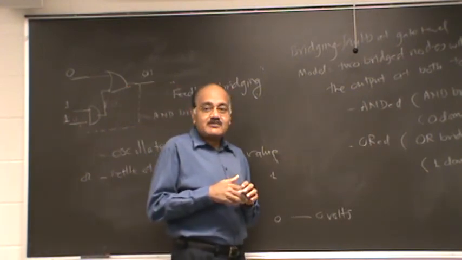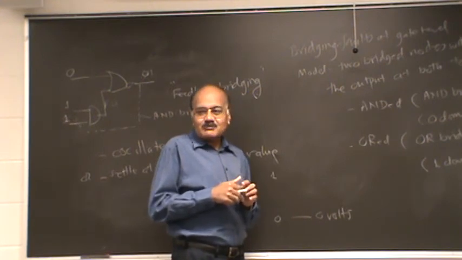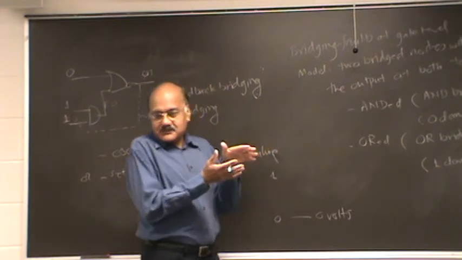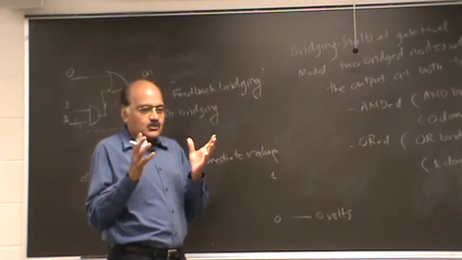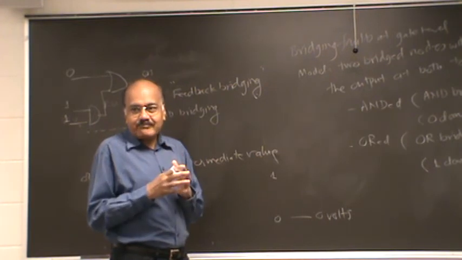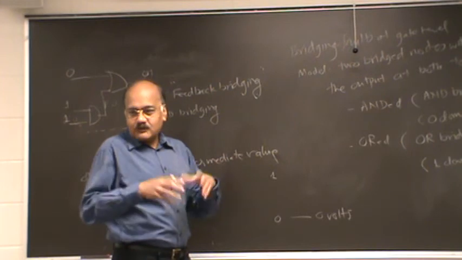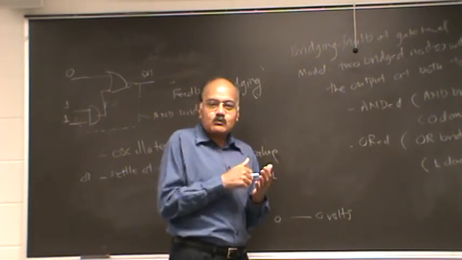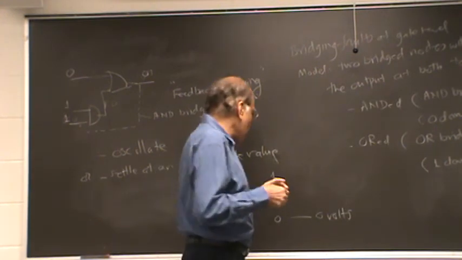At one time it used to be 5 volts, back when I was a student, so it was easy to remember. But they have kept decreasing it in order to reduce power consumption, because the chips are big, and if they keep 5 volts, the chip will burn. So the supply voltage has come down quite a bit.